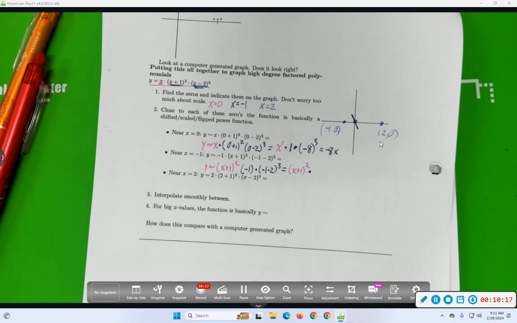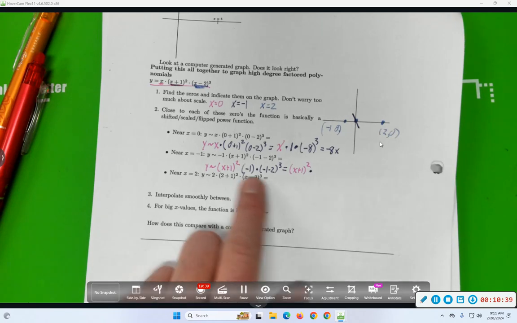I hear a -27. Do I hear any disagreement? Because I think I disagree. Oh, just 27, I hear a positive 27. I thought you meant just the -1. Ah, yeah, right. The whole thing matters.